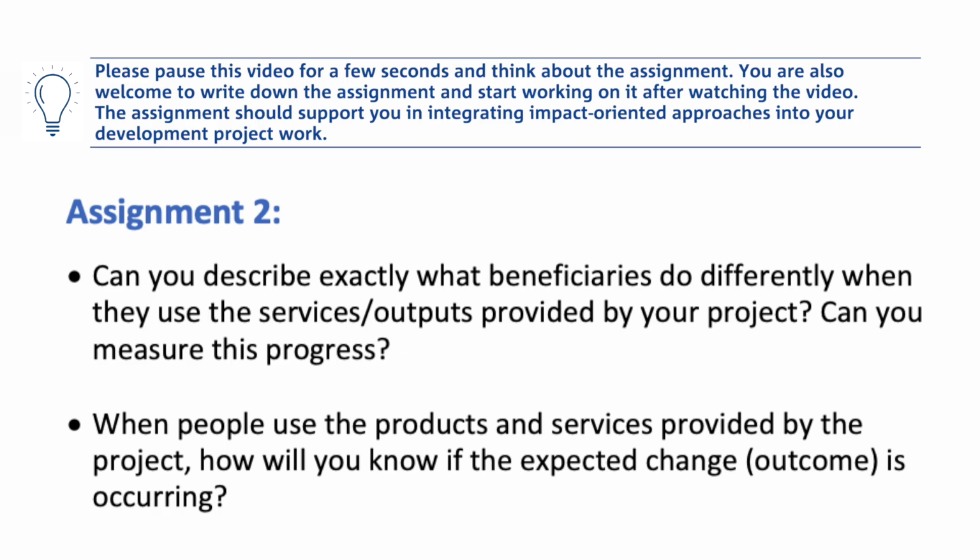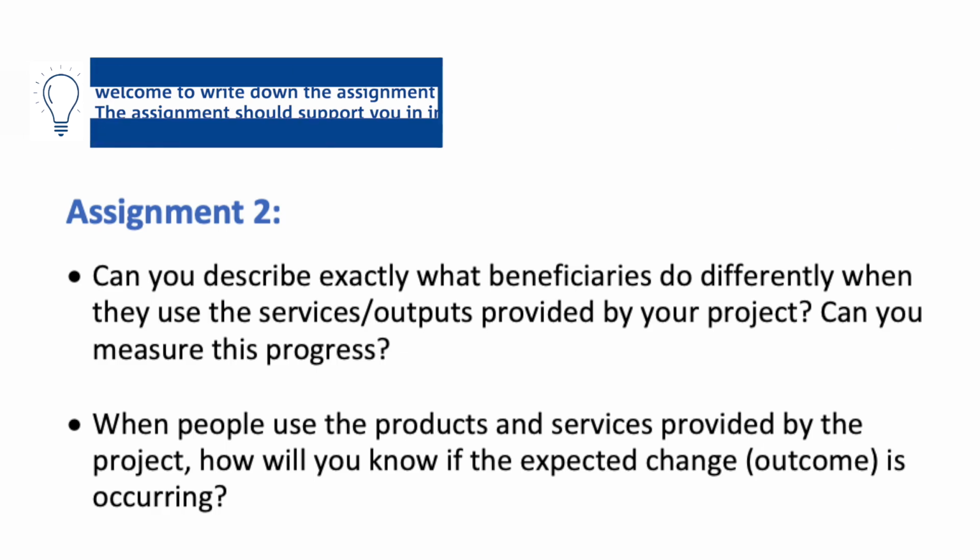Can you link the first step where you check the application of the services and outputs to the change which you want to have at outcome level? So this is still something where you as a project can improve your monitoring beyond the monitoring which is necessary for reporting to the donor.